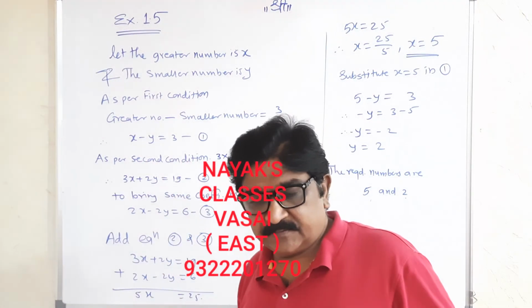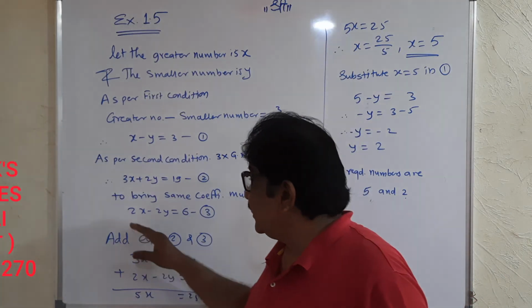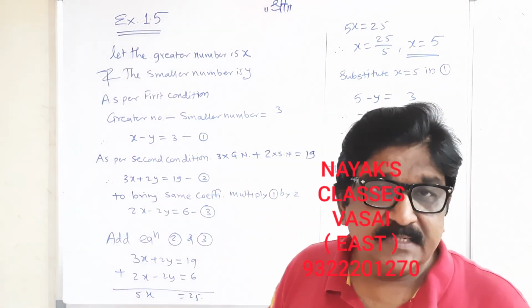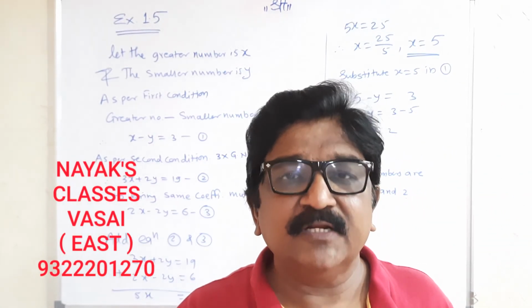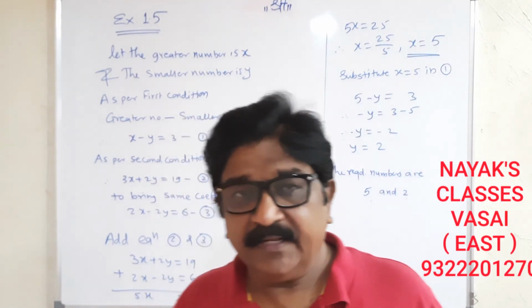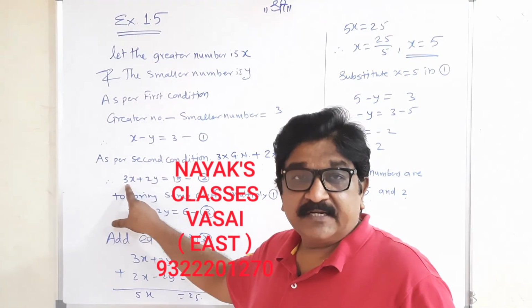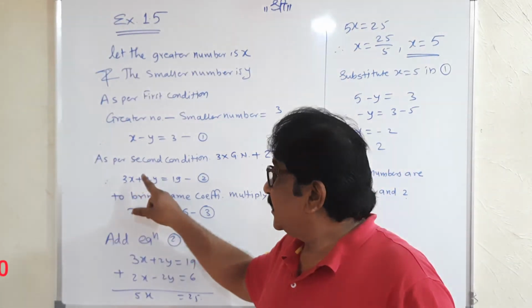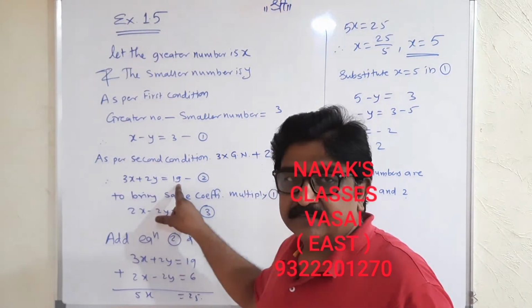In the second condition, they have said if we multiply the greater number by 3 and the smaller number by 2 and add them, we will get 19.